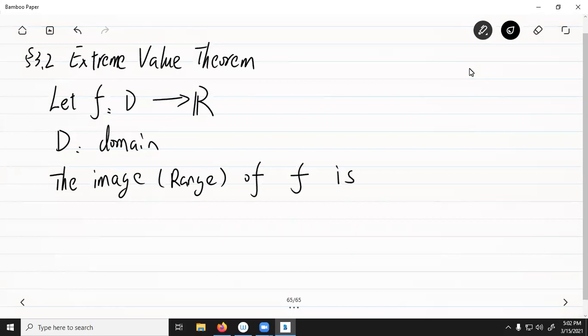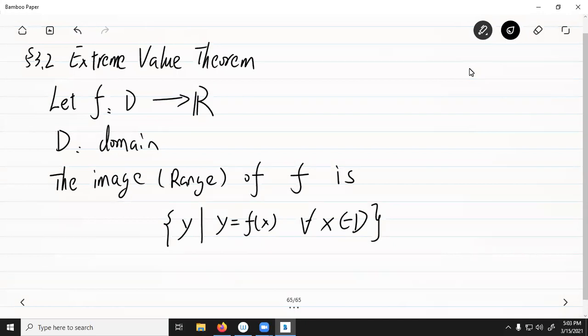It is the collection of the numbers y, where y equals f of x, for all x in the domain D. So your x runs through the whole domain, and you have the corresponding f values.